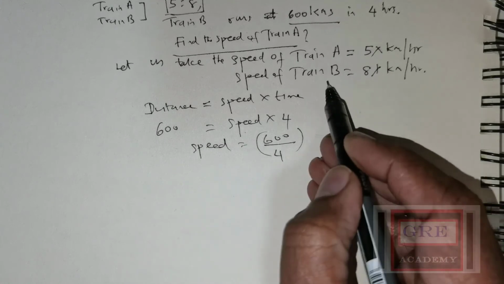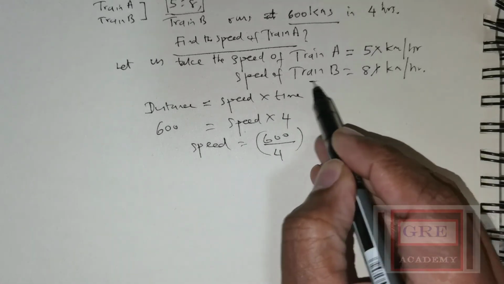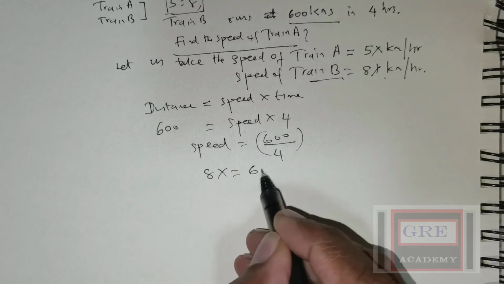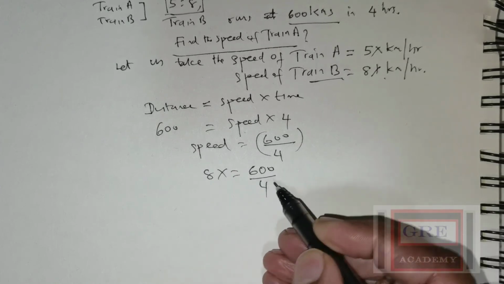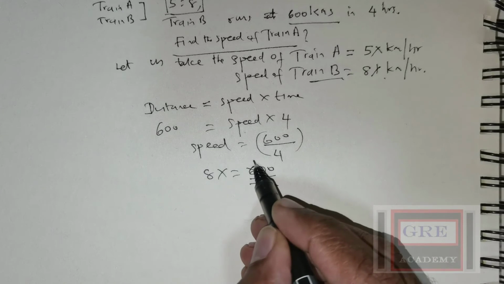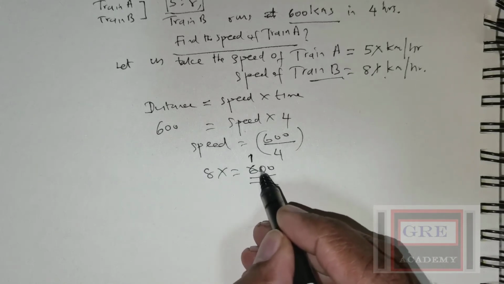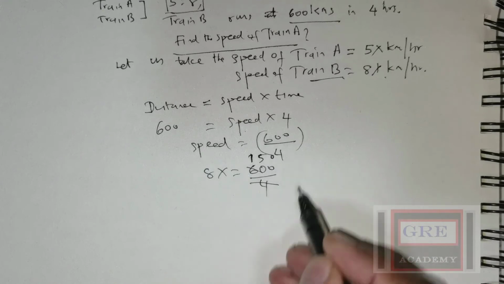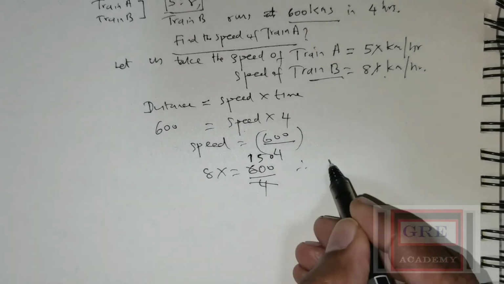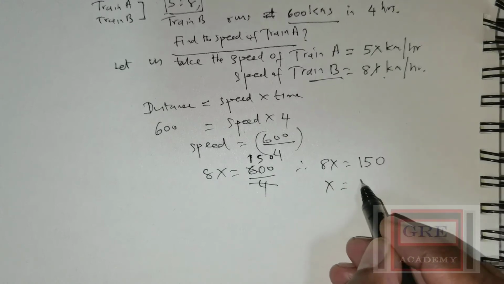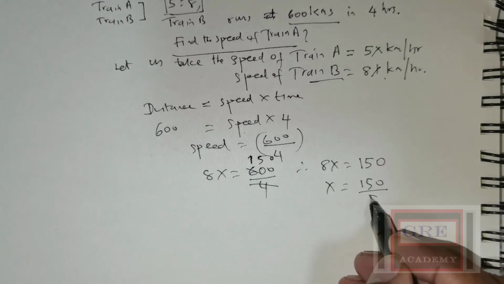But we also know the speed of train B is 8x. So 8x is equal to 600 divided by 4. Now 4 divides 6 one time, carry 2, 20, that's 5 and a 0. So we now have 8x is equal to 150. Therefore x is equal to 150 divided by 8.